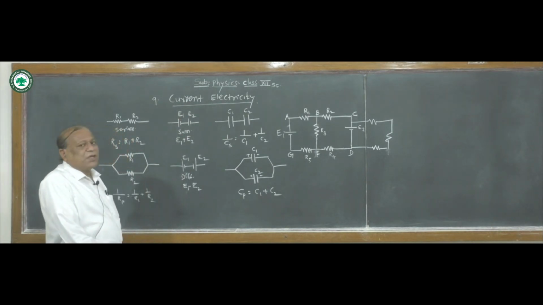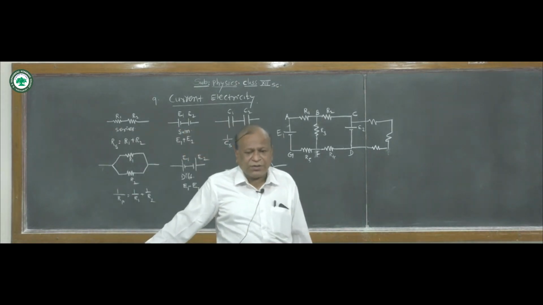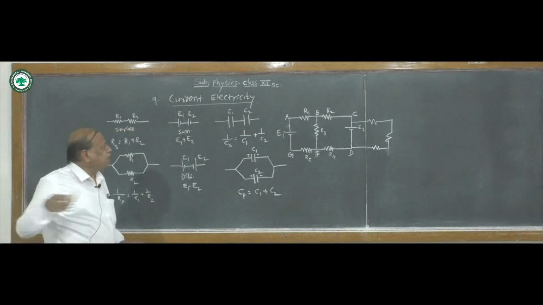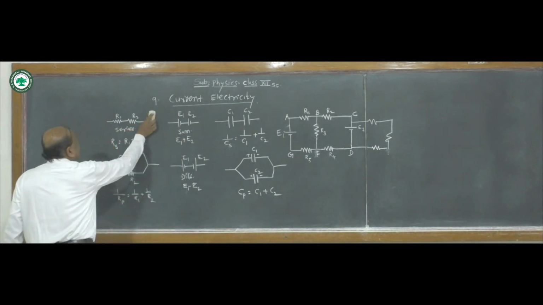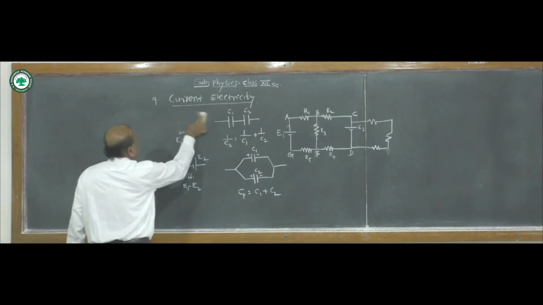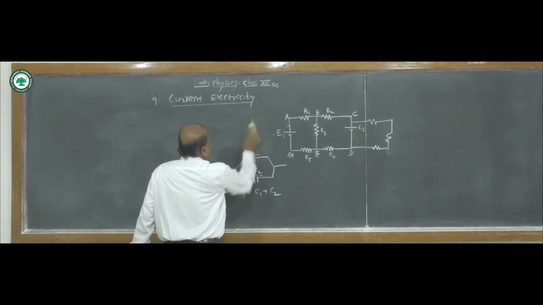Those laws are known as Kirchhoff's current law and Kirchhoff's voltage law, to simplify such electrical circuits and find their effective values in the network.